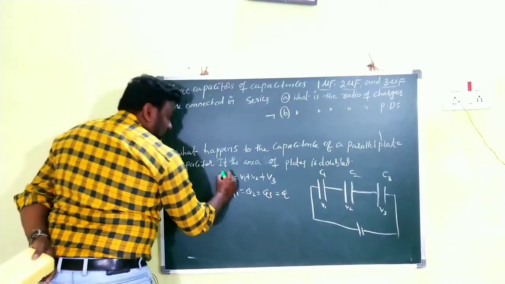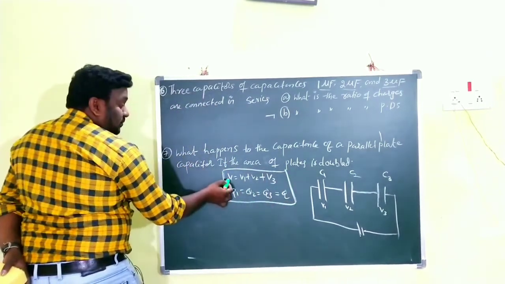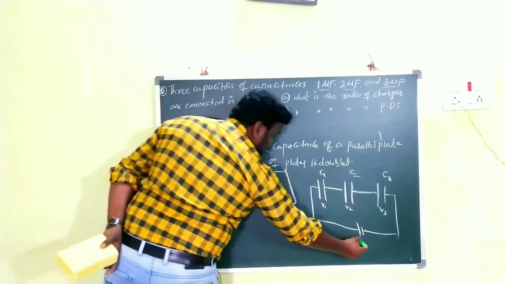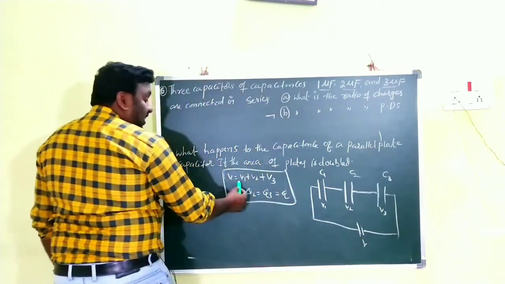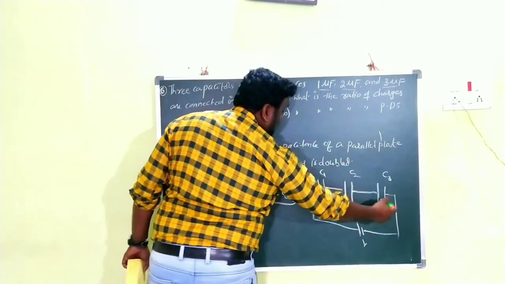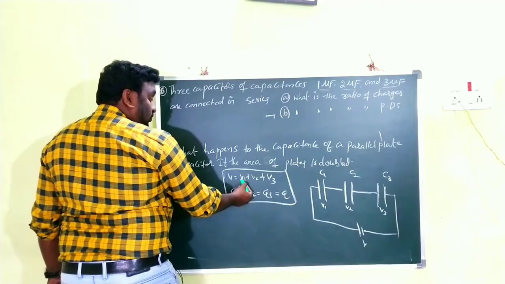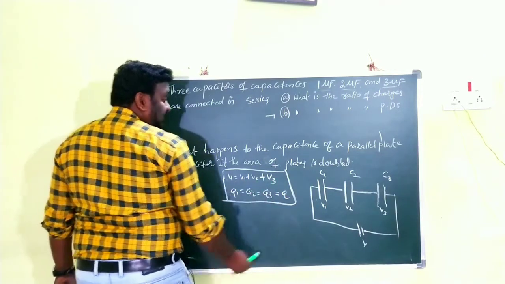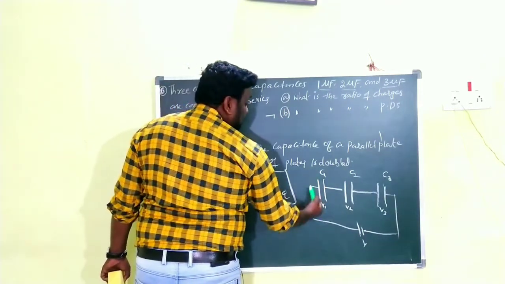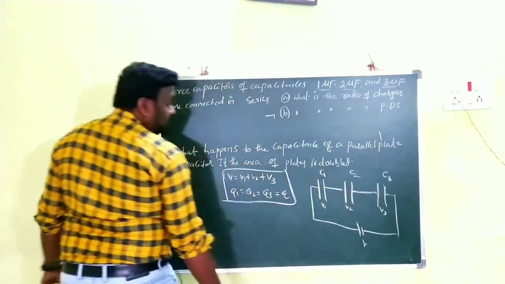Clear? In series combination, the potential supplied by the battery is the algebraic sum of the individual potentials across every capacitor. V1 plus V2 plus V3. V1 is the potential difference across the first capacitor, V2 the second, and V3 the third.